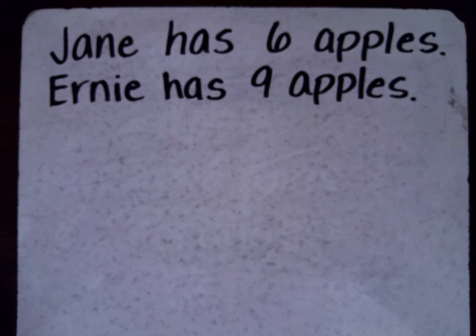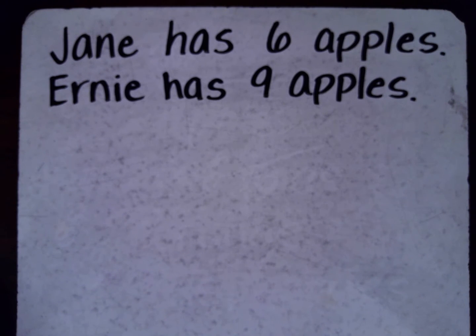I'm going to split this lesson into two parts. So this will be the first part today. We are going to start solving comparison word problems. So we are going to be comparing two different things in our word problems. You are going to learn how to use two methods to solve these problems.